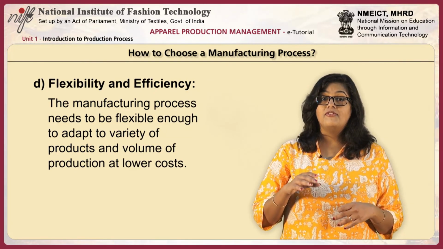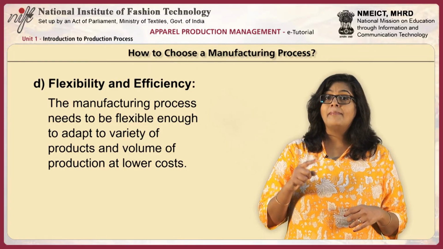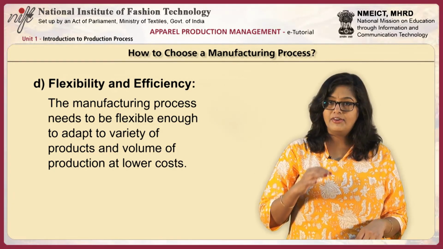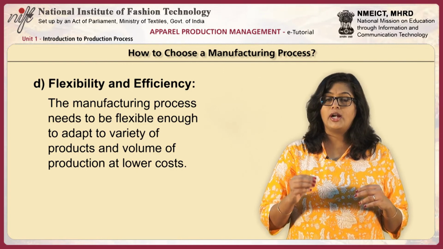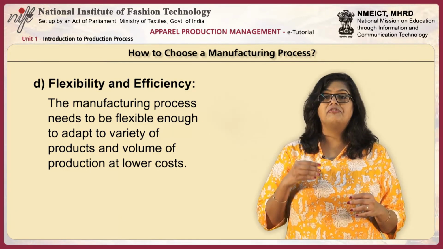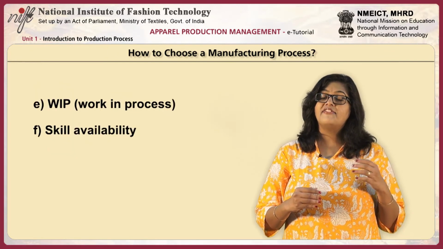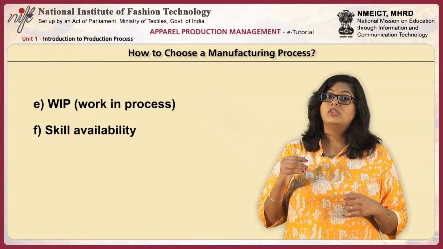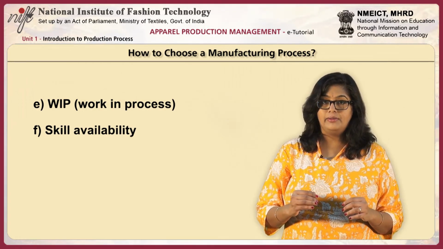Next comes flexibility and efficiency. The manufacturing process needs to be flexible enough to adapt to variety of products and volume of production at lower costs. The final two factors being WIP, that is the work in process, and finally the skill availability.